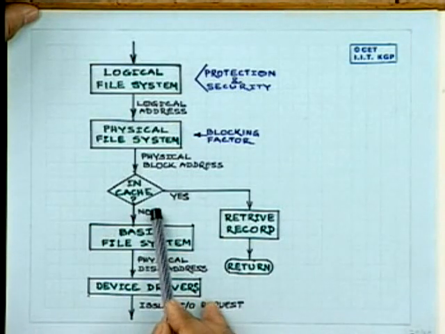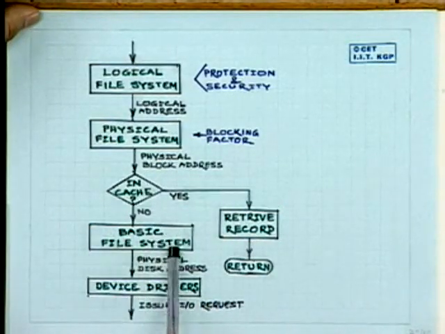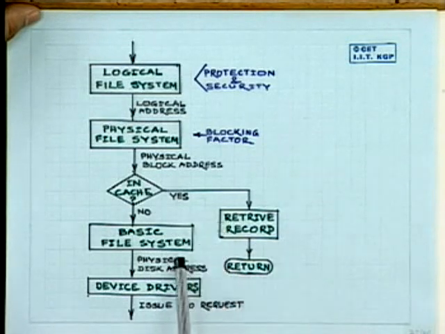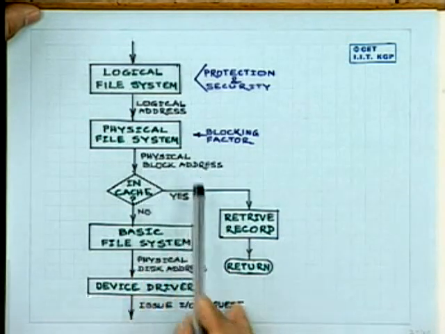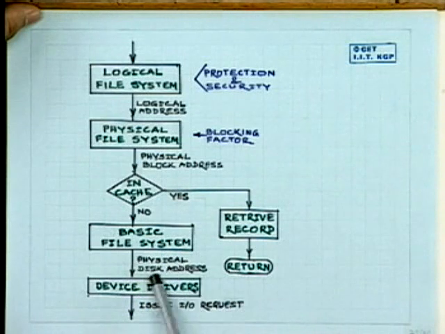But if it's not in the cache, then the basic file system is invoked, which maps the physical block address into the physical disk address.